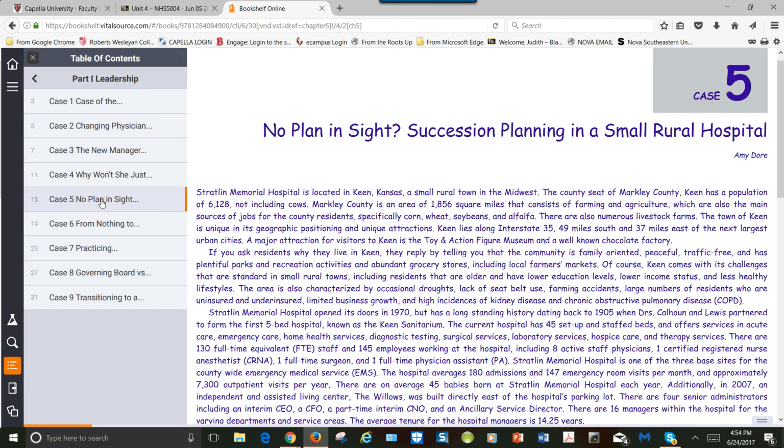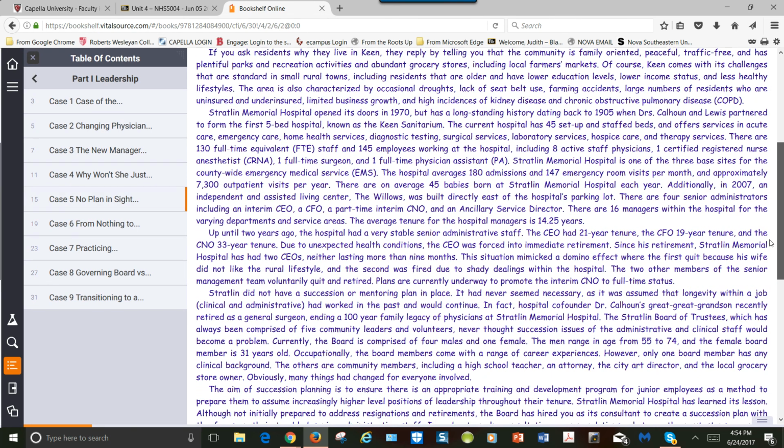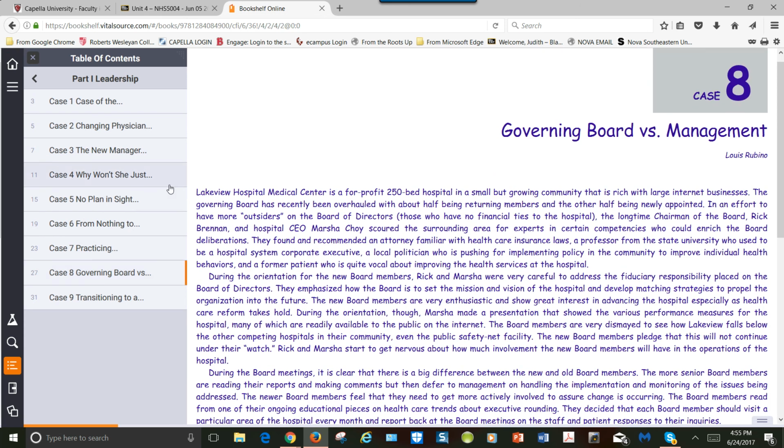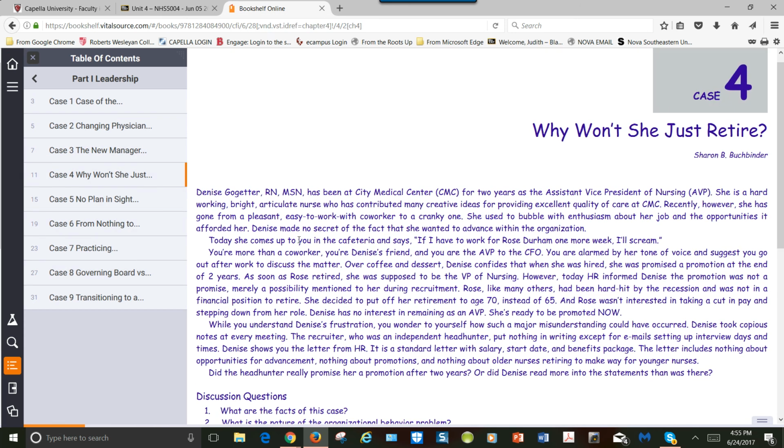So look at them and see what studies would be the most interesting for you to do, the one you'd feel most comfortable with, the one that gives you enough information about the leader in the case study so that you can respond to the questions. Look at them all over and try to find one that you find to be interesting and you're comfortable with.